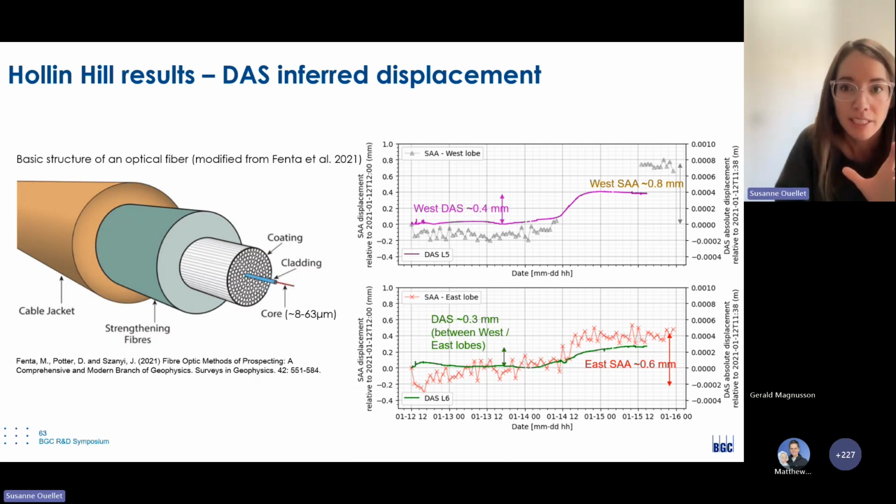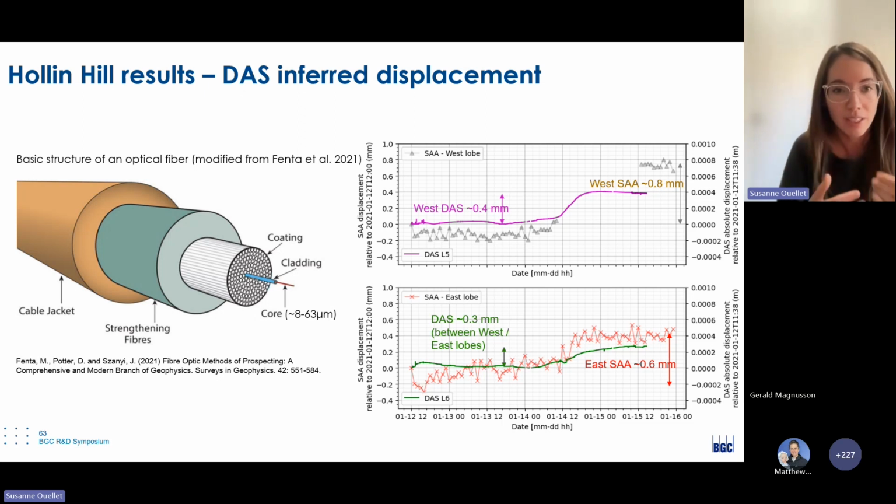One other thing to consider that can help explain why we're seeing these smaller magnitudes with our DAS versus our SAA is that we are using a tight-buffered standard telecommunications optical fiber. I'm showing a schematic from Fenta that gives us a little bit of the layout of the cable. Within this cable, there are different layers. The strain data that we're looking at is the strain at the optical fiber core.